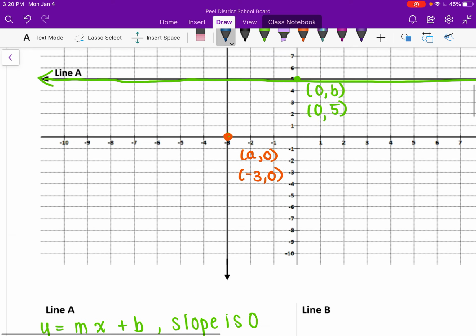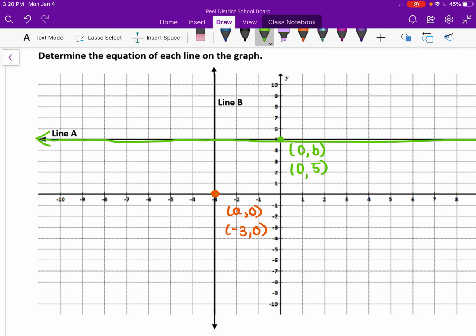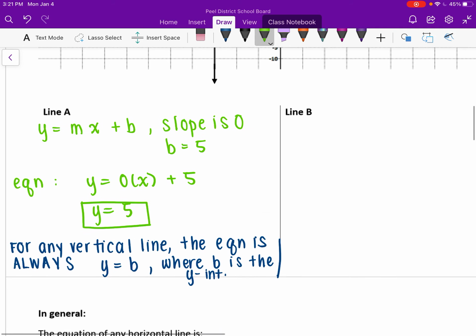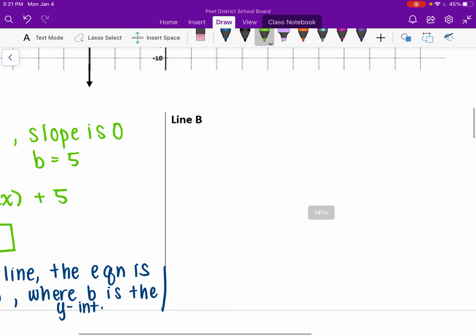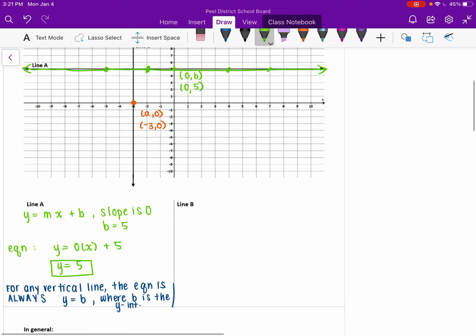That's because no matter what point you go to on this graph, if you go to x of 5, x of 2, -2, x of positive 4, positive 7, your y will always be 5, right? Because it's a horizontal line. So it's safe to say that this line will always be at 5. So the line is y equals 5, okay? That was line A.